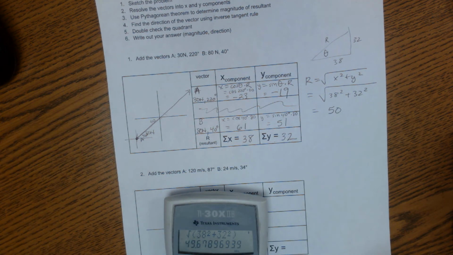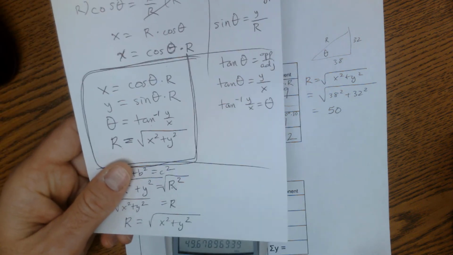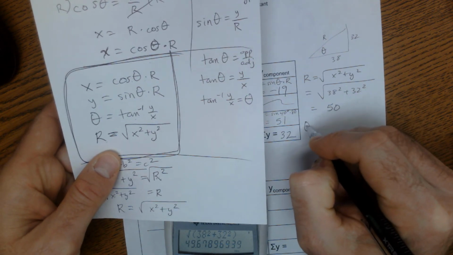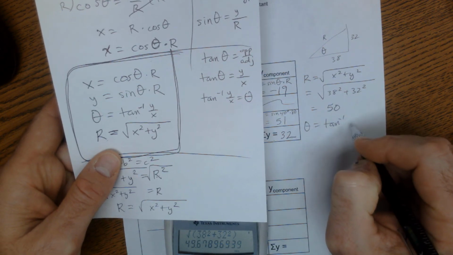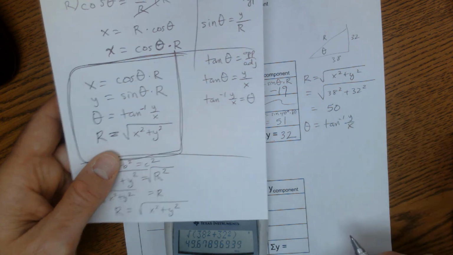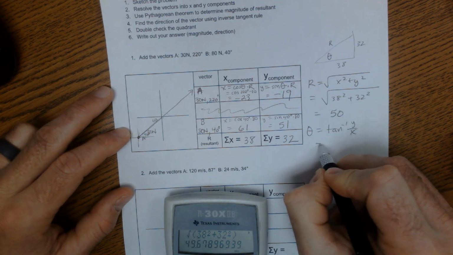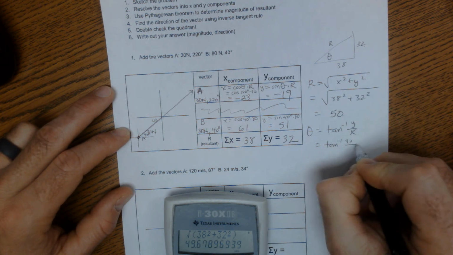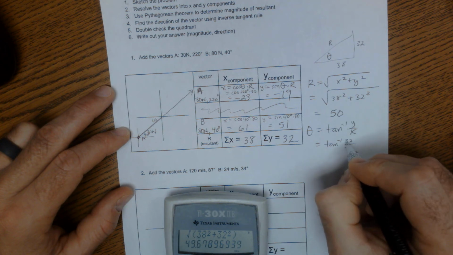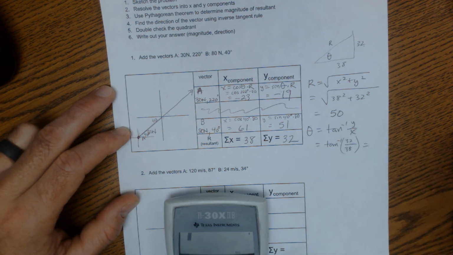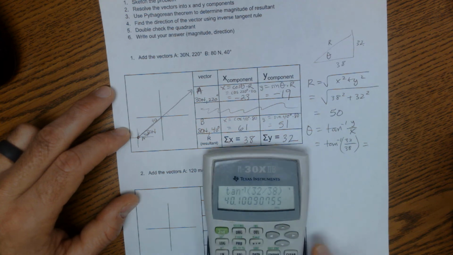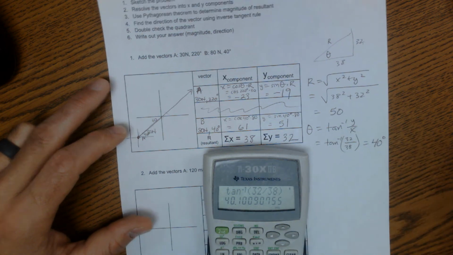And then finally, I'm supposed to use my inverse tangent rule, because I want to know what theta is. The angle is equal to the inverse tangent of y over x. Plugging in the numbers, the inverse tangent of 32 divided by 38, and I get 40 degrees.